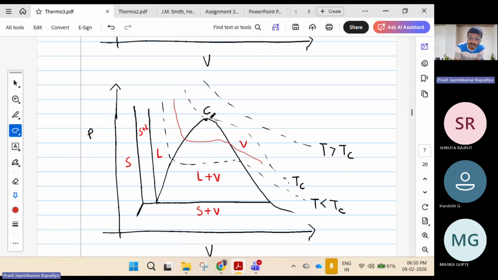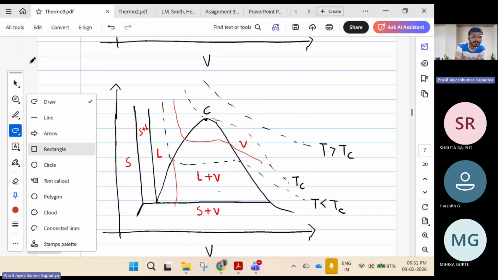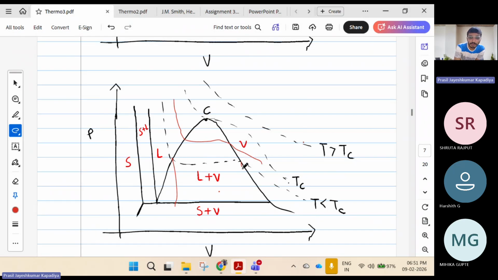So this is at one lower temperature, and the gap is more.